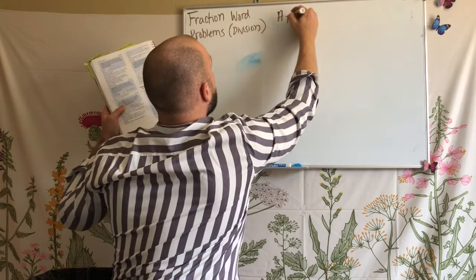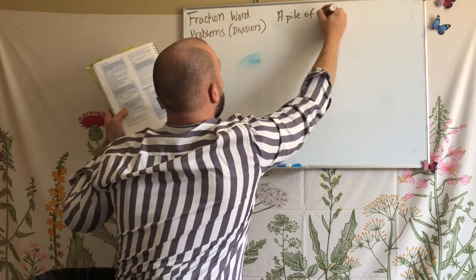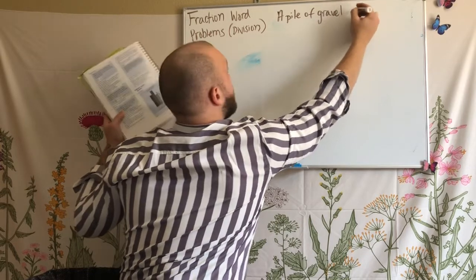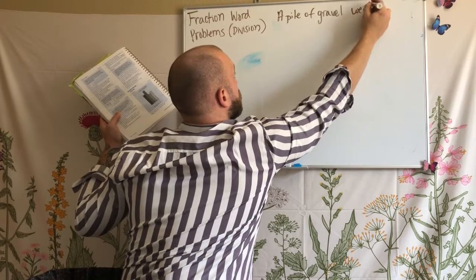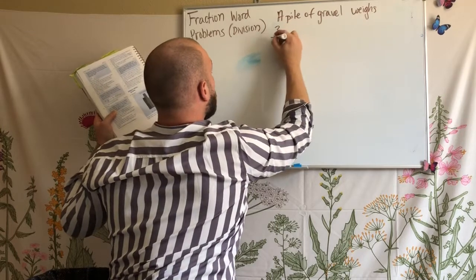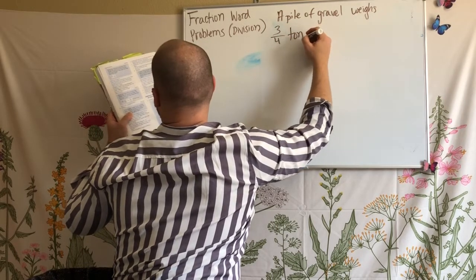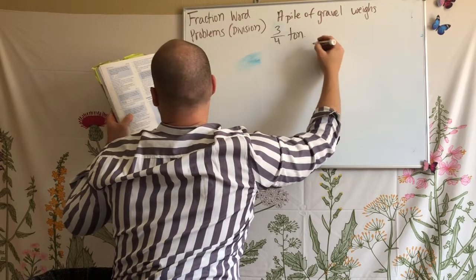A pile of gravel weighs 3/4 ton. A builder wants to divide the gravel into piles that are 1/8 ton each.